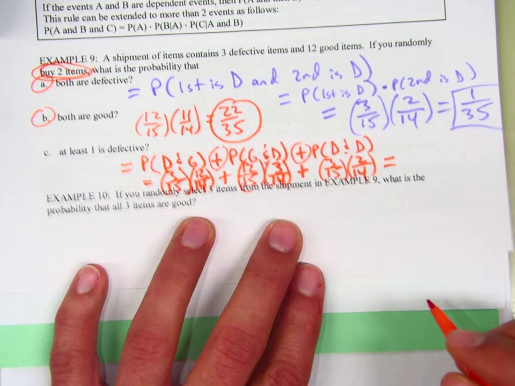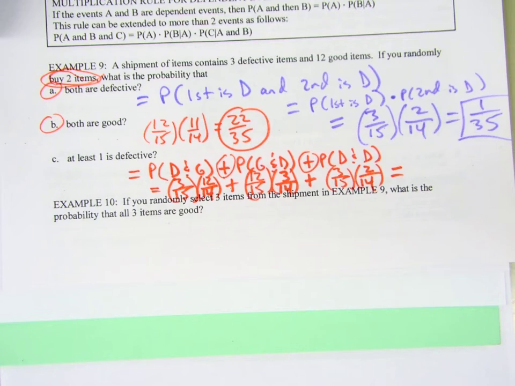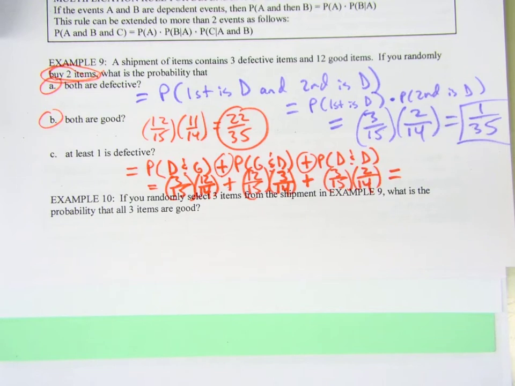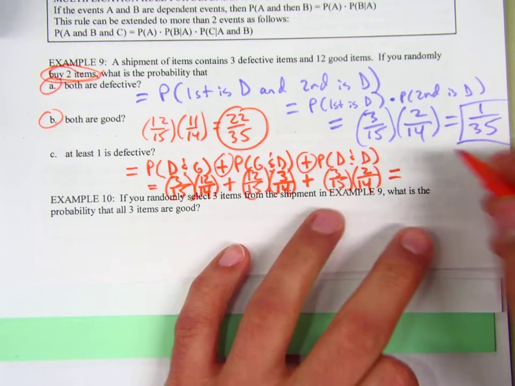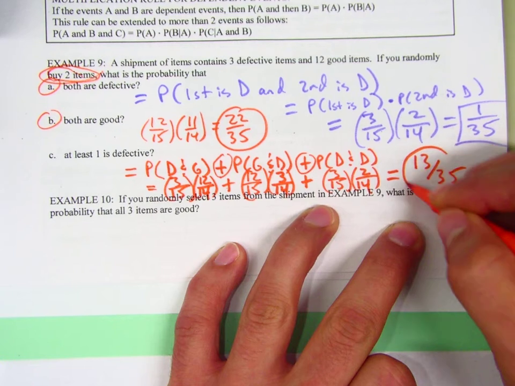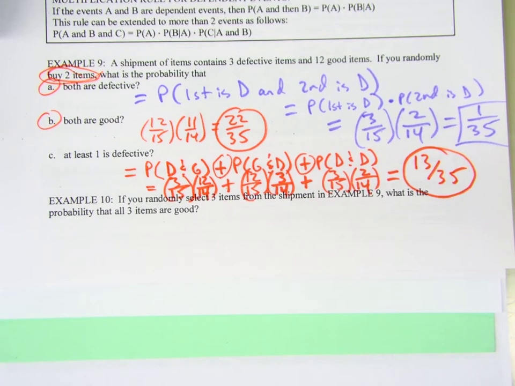And now just type that in real quick. You don't have to do it by hand. Just type it in the calculator. What are we going to get? 13 over 35. Okay. That is correct. So, for this one that we did, you did the first one and then you did the second one.